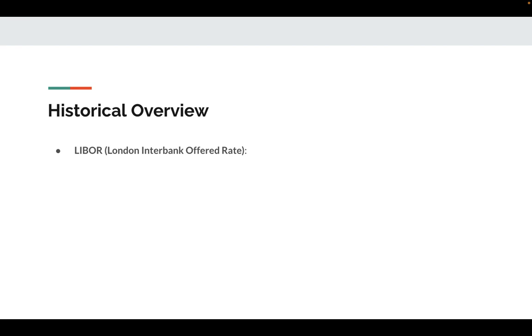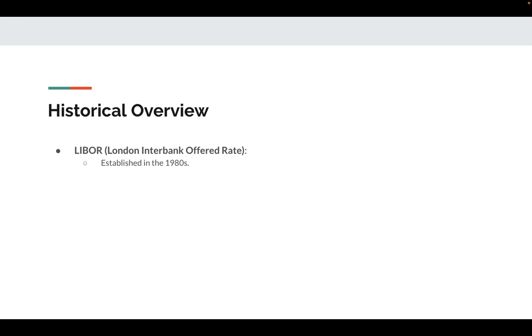It was used primarily for overnight up to one year, generally for a few months, for five major currencies, and it had influence on more than $350 trillion of financial contracts at its peak. LIBOR was used as a reference benchmark for mortgages, student loans, corporate loans, and financial derivatives.